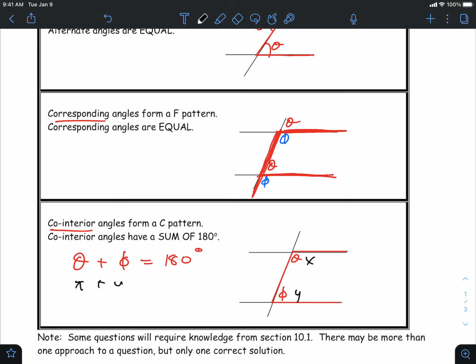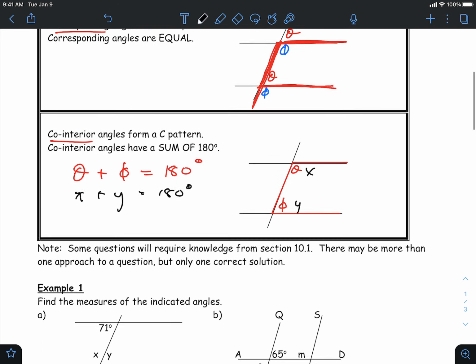That would be X plus Y equals 180. I don't know what you're going to see on EQAO. I would assume you're probably not going to see the Greek letters, probably X, Y, Z. But you need theta and phi next year, so I showed it to you. Any questions? We're all caught up. Go to the next page.